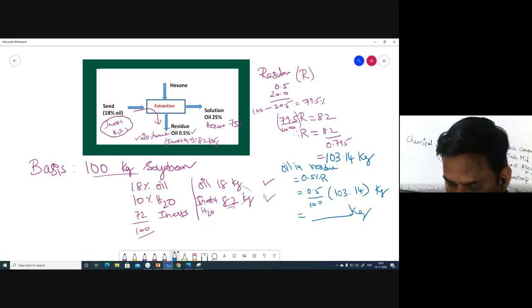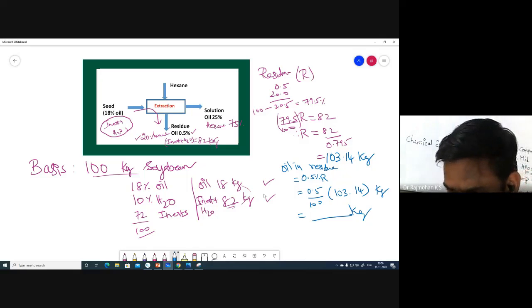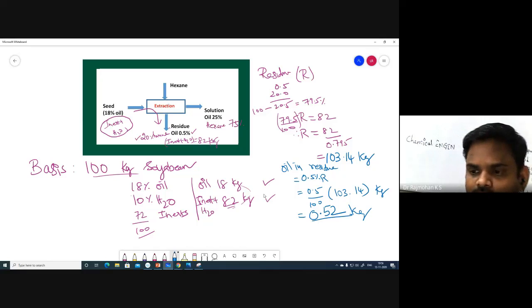We have the 103.14 answer in the calculator, multiplied by 0.5 divided by 100, equal to 0.515, which can be written as 0.52. So 0.52 kg of oil is present in the residue.